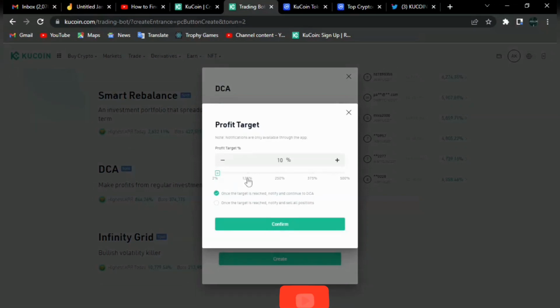So with this DCA, you have a target that you want to make about 100% or 100x from investing or using DCA on KCS or whichever token or crypto asset. KuCoin will notify you once your target has gotten to that percentage, so you want to be aware of that. Now there are two things that can happen.